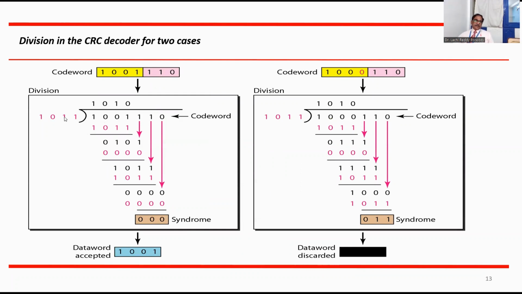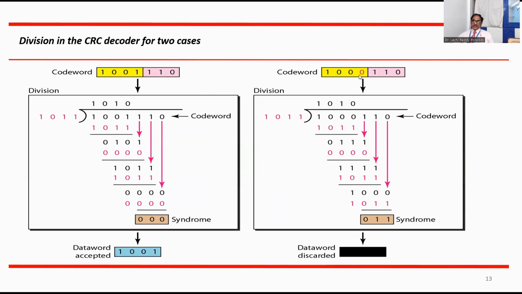Now this entire thing is divided with the same generator polynomial at the receiver side, 1011. After performing the division, the final remainder is 0. That means no error. Whatever information is received is correct. So the original information part 1001 is accepted. Suppose this 1 is received as 0.